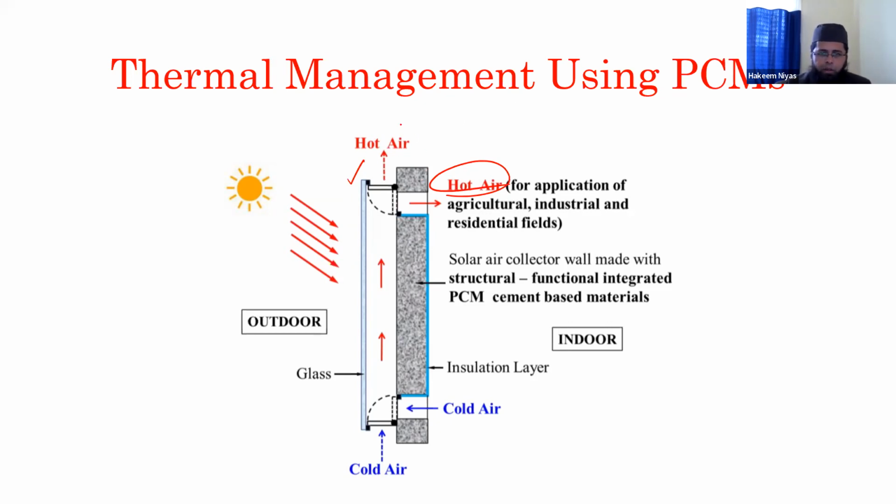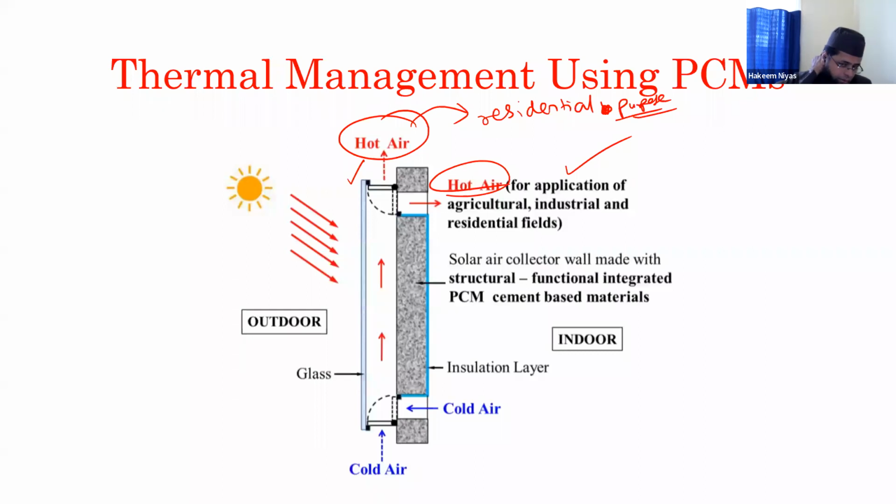So we can get the hot air that can be used for applications. This arrow is for that, and this hot air can be used for residential purposes within the building, or some other purpose. Okay. So by that way we can have a comfortable environment within the building.